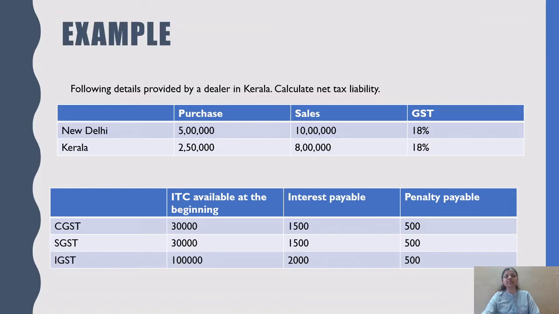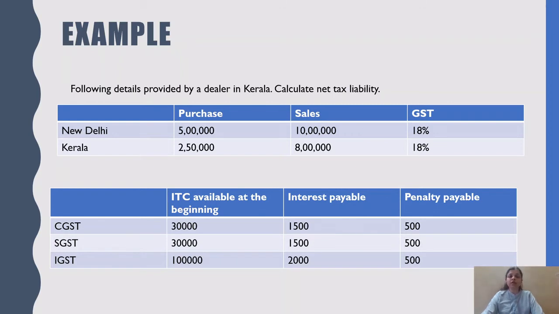Moving further, let us see now the tax liability which is payable. The tax liability which is payable by the dealer, gross tax liability, is mainly payable on account of sales. That is, when he has made the outward supply, he must have collected GST which now he is supposed to deposit to the government. That is his gross tax liability.